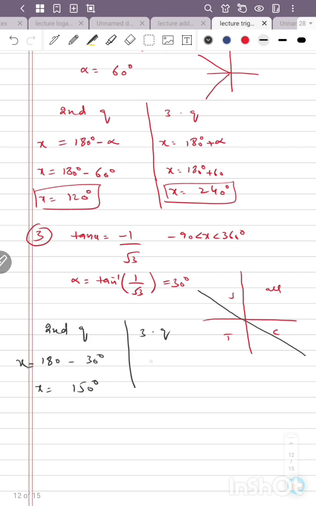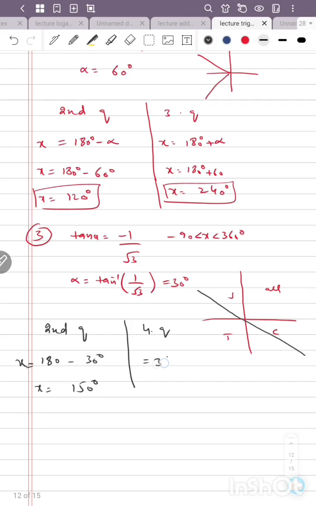For the third quadrant, sorry, it's the fourth quadrant, not the third quadrant. It will be 360 minus 30 degrees, so we got the answer 330. Okay, this is easy to understand, how we solve for 0 to 360.